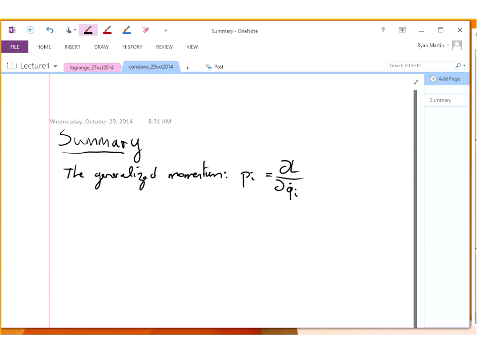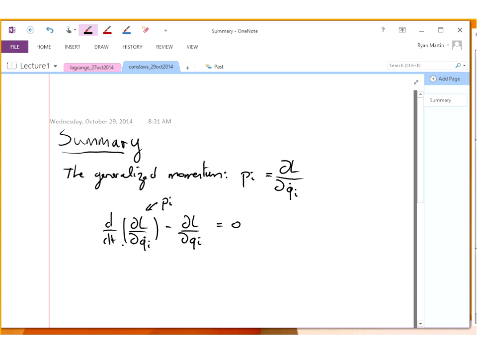So if we look at the Euler-Lagrange equation, we have d by dt of ∂L/∂Qi dot minus ∂L/∂Qi equals 0. So the ∂L/∂Qi dot is Pi, right?